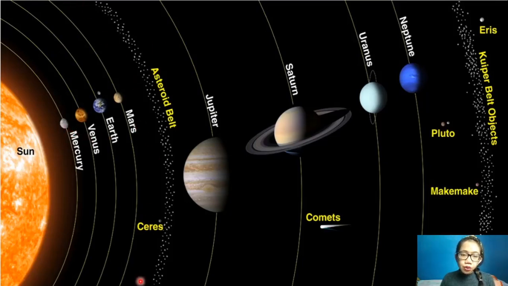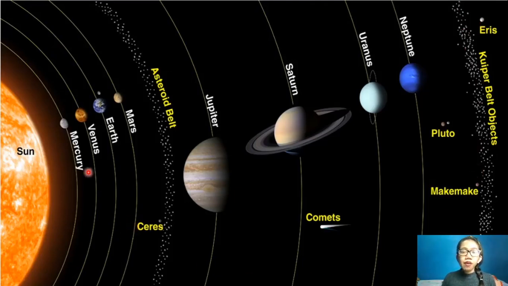Then we have your asteroid belt. We have Ceres here, which is a dwarf planet, followed by Jupiter, Saturn, Uranus, Neptune. We have your dwarf planet Pluto, Makemake, another dwarf planet, and also Eris, located near the Kuiper belt.